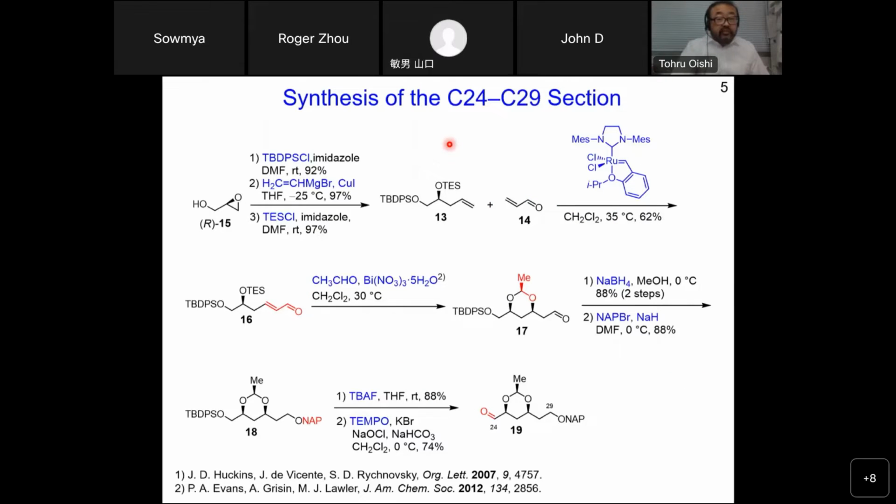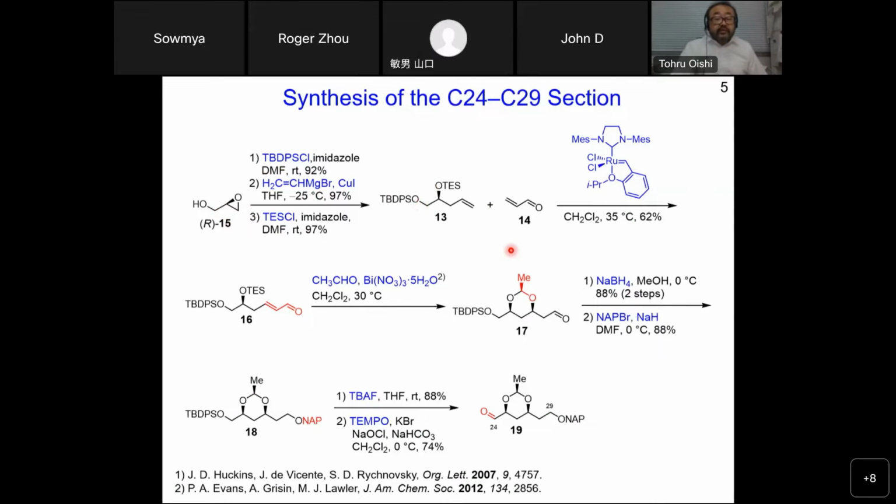This is the scheme of the C24 to C29 section. Starting from allyl protection of a primary alcohol as a TBDPS silyl group and epoxide opening with vinylmagnesium bromide in the presence of copper iodide to give a secondary alcohol, which was protected as a TES ether.